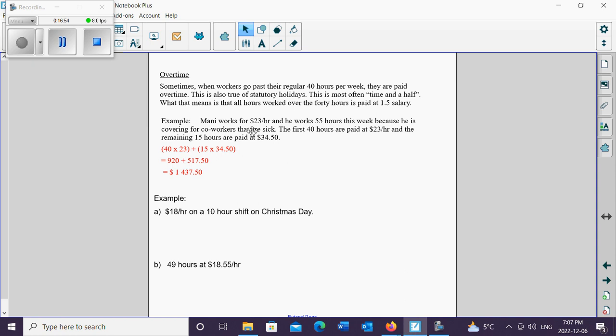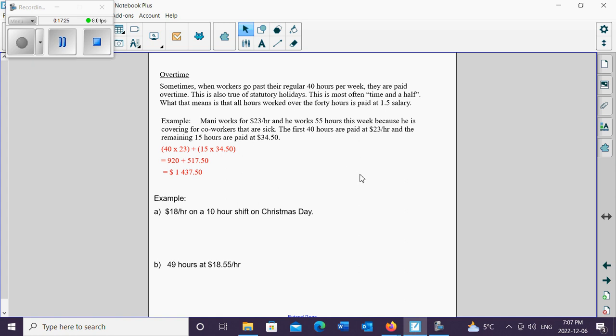So when you're doing time and a half for this one here, he's working $23 an hour, but he works 55 hours. So remember, 40 hours is how much you get paid regular, and everything after that you get paid more. So that's why this 40 times 23 is 40 of this 55 hours times 23 bucks. Now, if you take the 40 away from 55, you get 15 hours left. And those 15 he's going to get at time and a half.